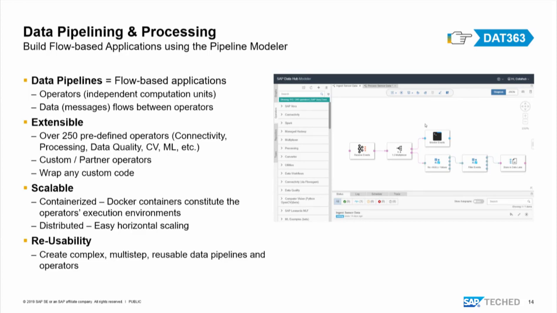As we speak, we have roughly 250 operators out of the box doing a lot of different things, from transformation to machine learning activities like training a TensorFlow model or applying OpenCV on a bunch of pictures.